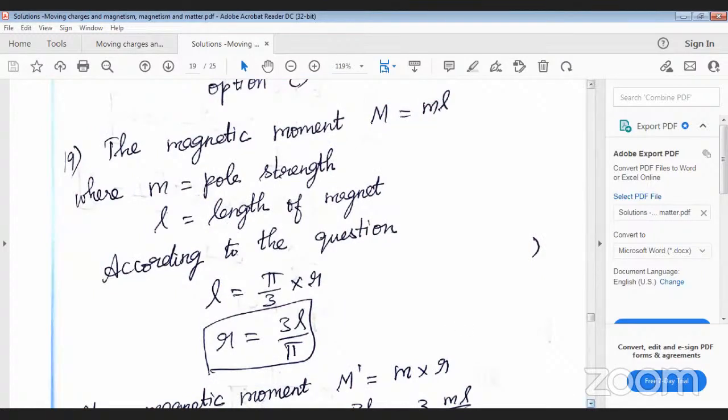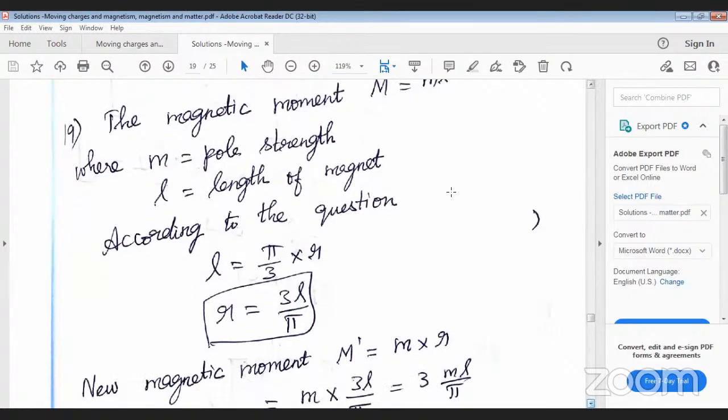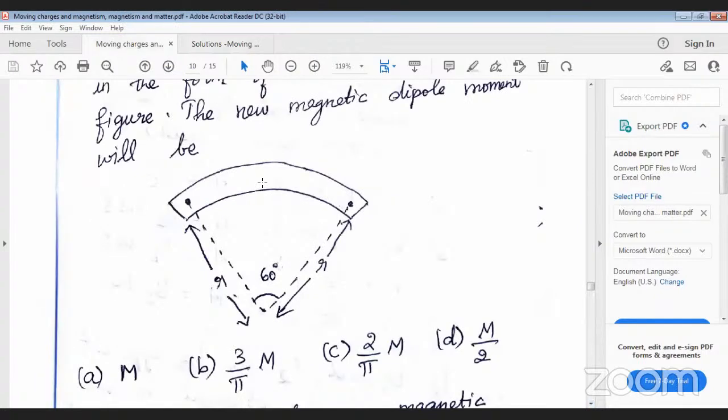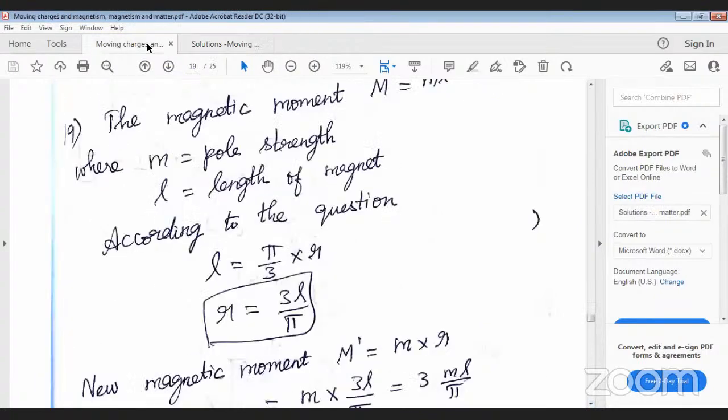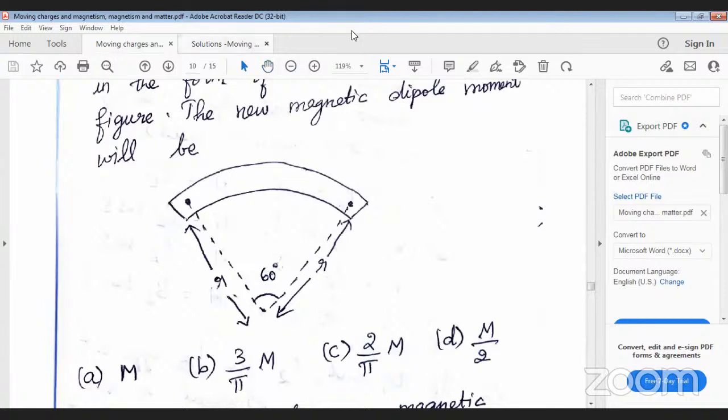So according to the question, they are telling that the bar magnet of length L is bent in the form of arc. Okay, so this arc is considered to be the arc length. So this arc length is considered to be the linear displacement.